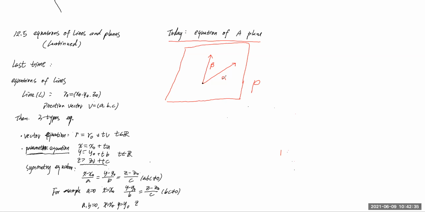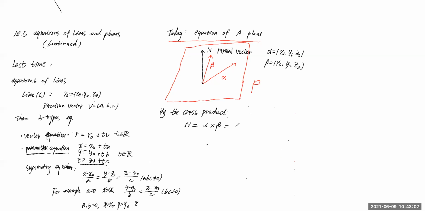Okay, we always assume alpha is x1, y1, z1, beta is x2, y2, z2, right? If we get this, we can write this as a, b, c, it's a vector, right?